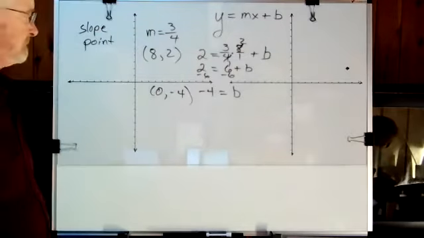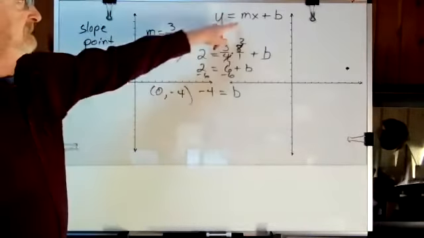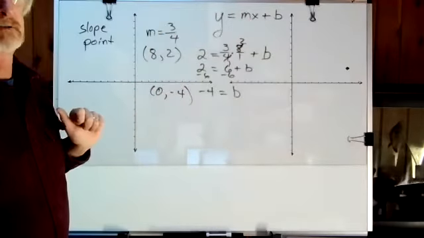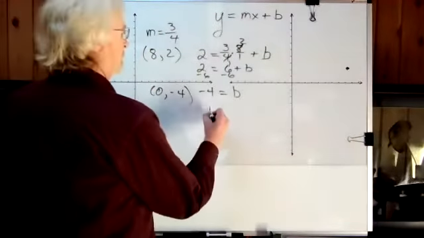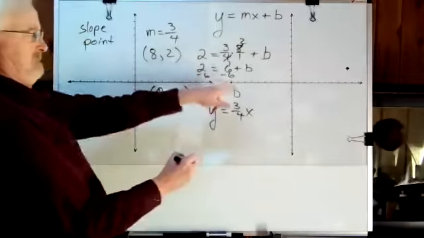Okay. So final answer though, now I found the y-intercept. Now I've got to go back and plug it into the slope-intercept mold there. So 3/4 x minus 4.